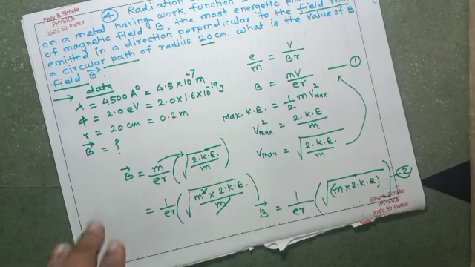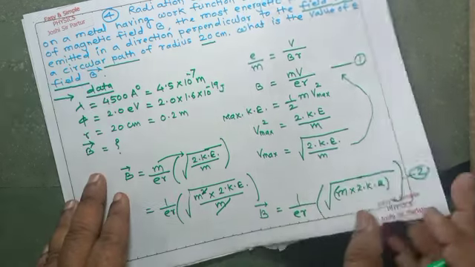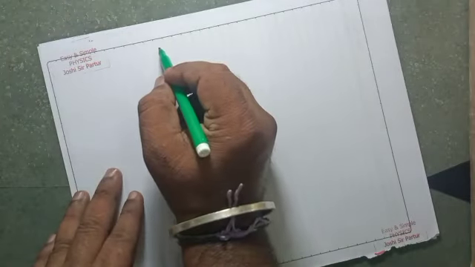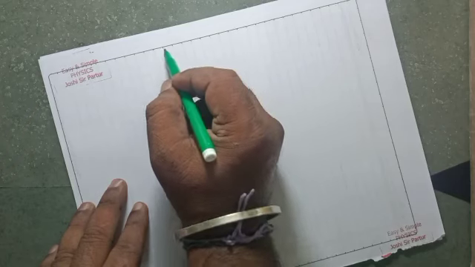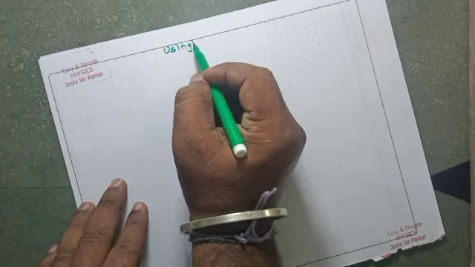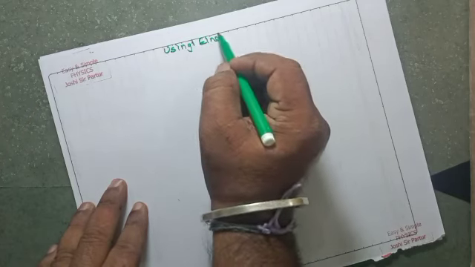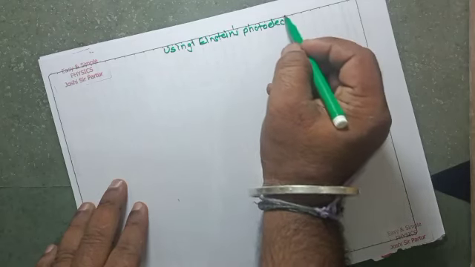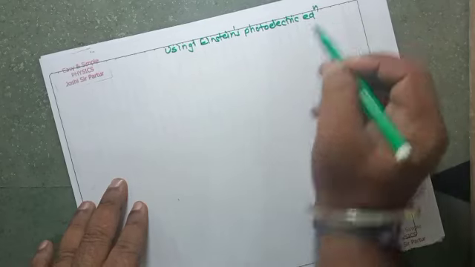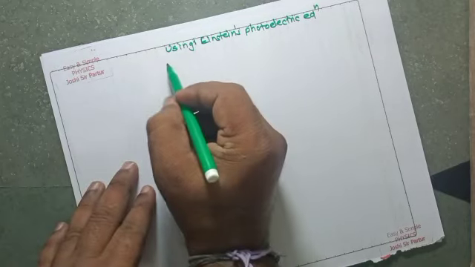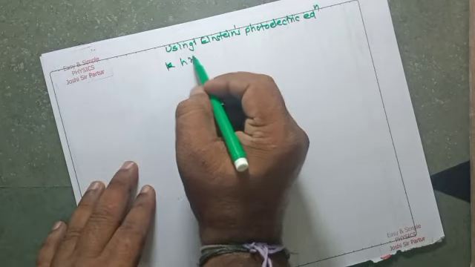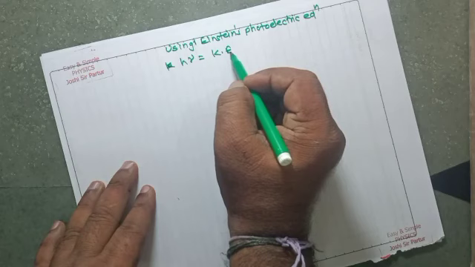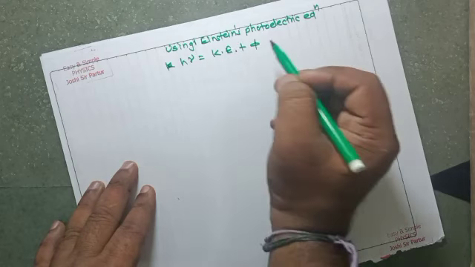So here, by substituting the values, we know that using Einstein's photoelectric equation, h nu is equal to kinetic energy plus phi.